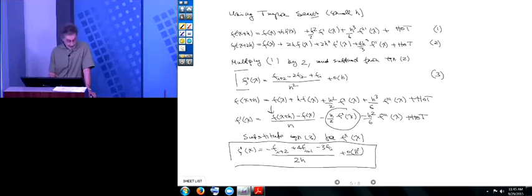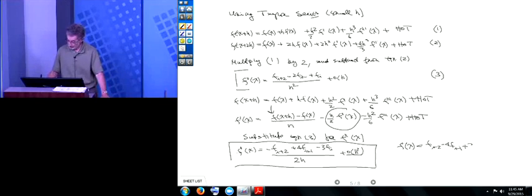You can also write a reverse or back-sided second-order derivative, f prime of x, equal to f of i minus 2 minus 4 f of i minus 1 plus 3 f of i divided by 2h, of order h squared, and this would be a back-sided derivative.